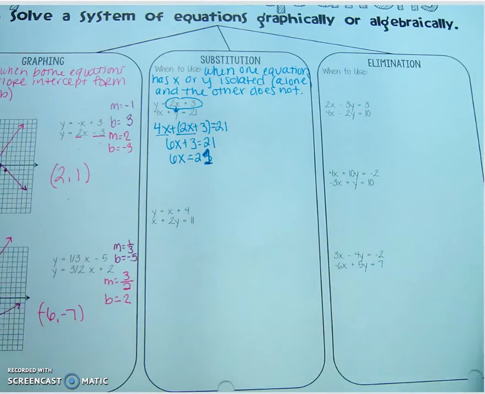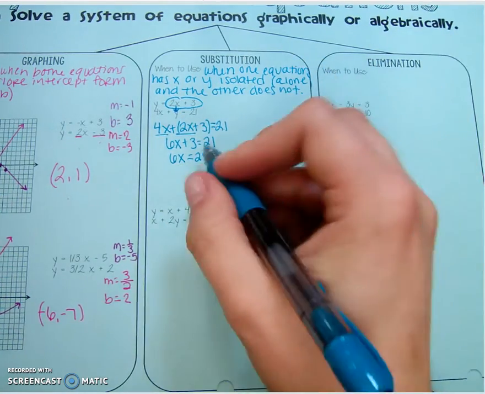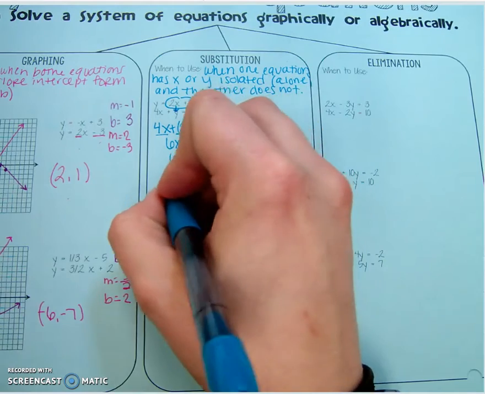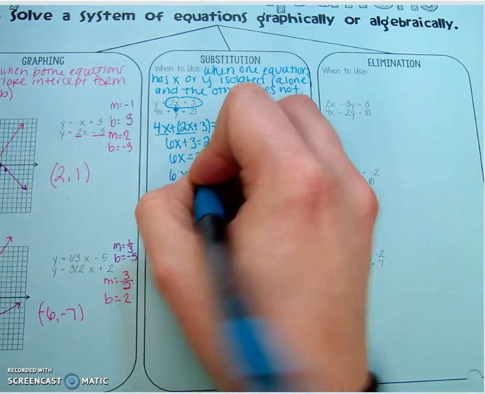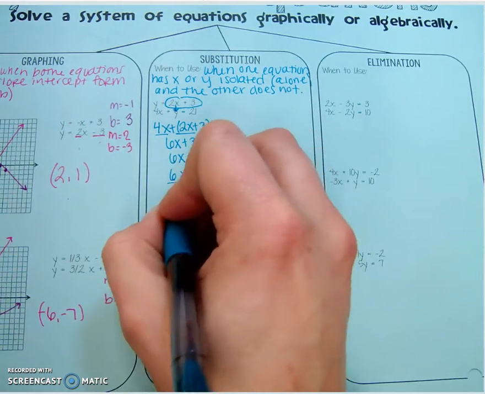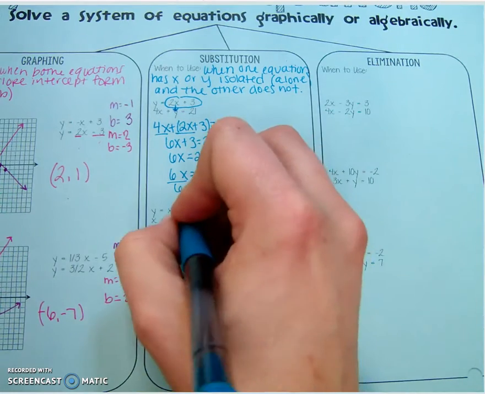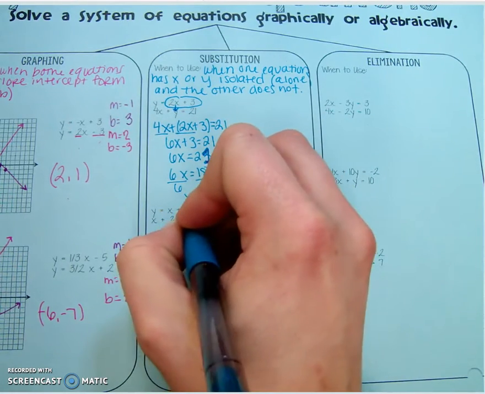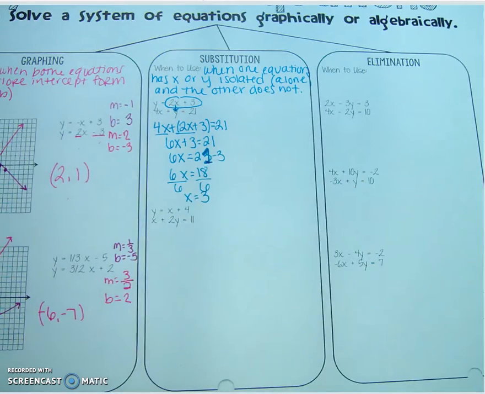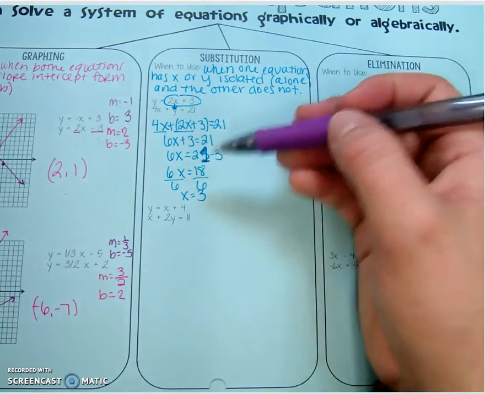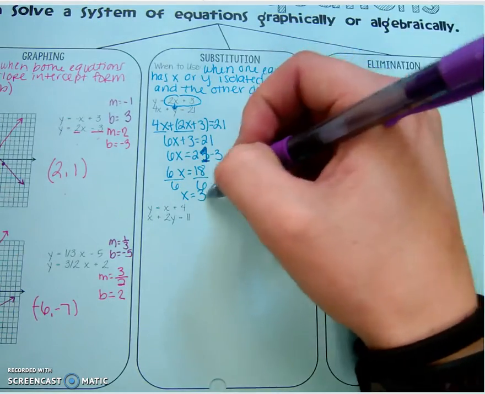We're going to subtract 3 from it because I'm bringing it over, making it a negative. So 6x equals 18. Divide both sides by 6. x is 3. I'm going to need that in my final answer. But then I'm going to substitute back in again, because that's what I found.